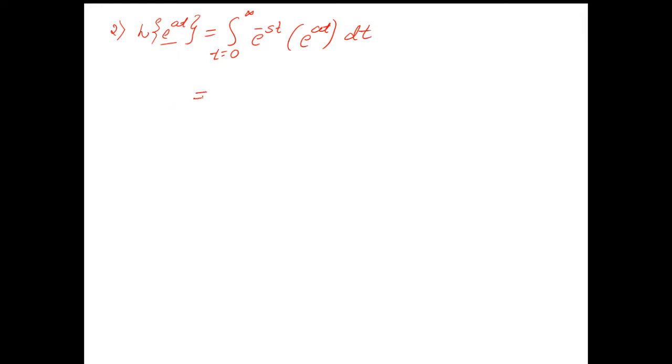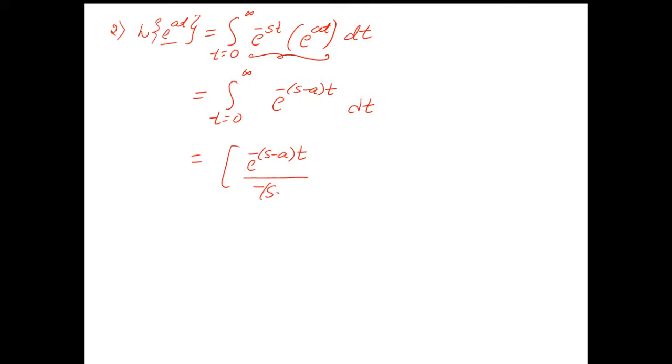I will rewrite e power minus st into e power at as e power minus of s minus a times t. t is common and minus sign taken out, remaining thing is s minus a, with respect to t. The integration of e power minus of s minus a times t is e power minus of s minus a times t divided by the coefficient of t, that is minus of s minus a in the denominator, and apply the limit t equals 0 to t equals infinity.